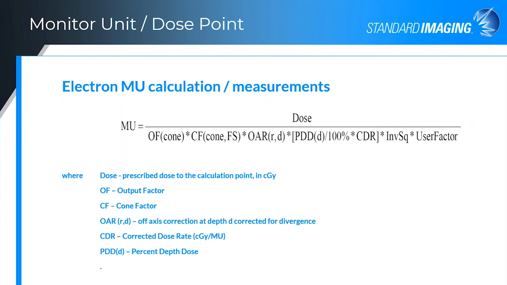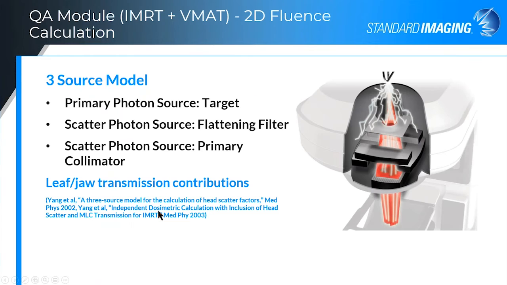So next, in the MU module, if you're doing an electron calculation, the equation is slightly different, of course, where the MU calculation is based on the dose prescribed to the calc point, the particular cone output factor, the cone factor for the particular cone and field size, off-axis correction factors, etc. Very similar equation.